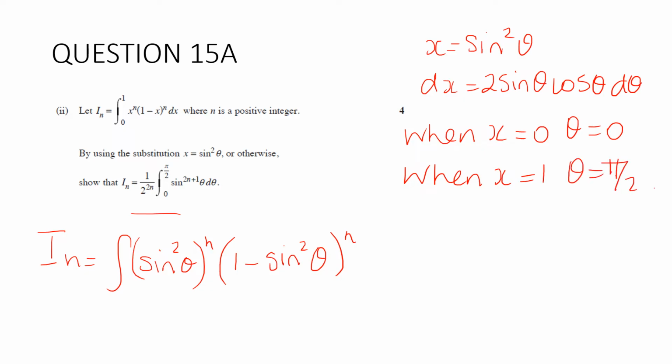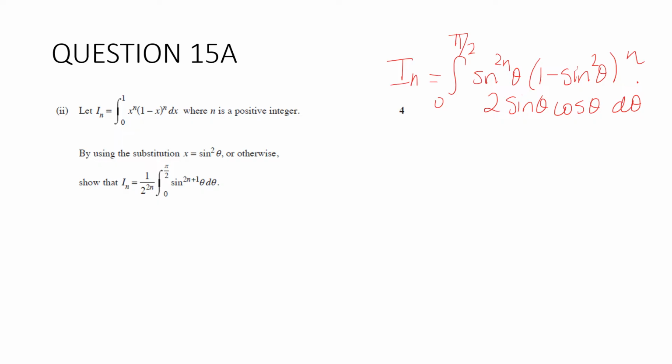So we're going to multiply it by 2 sine theta cos theta d theta, and our limits are 0 to pi on 2. Let's tidy that up. We've got the integral between 0 and pi on 2 of 2 sine to the power of 2n plus 1 theta multiplied by cos to the power of 2n plus 1 theta d theta.